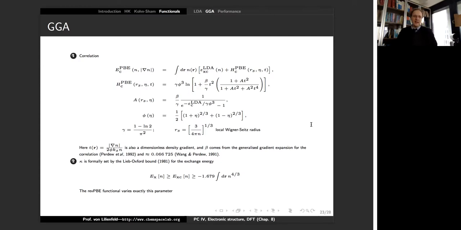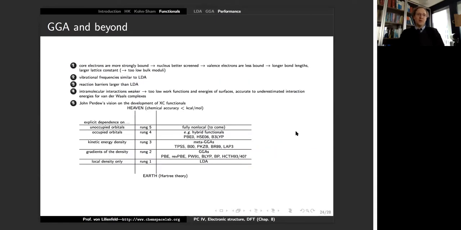And this functional actually improves the predictive power tremendously.